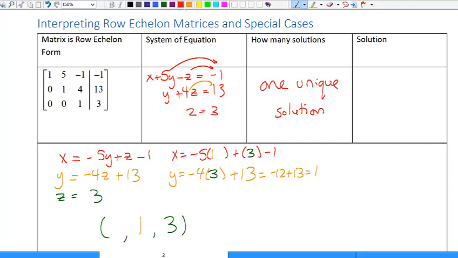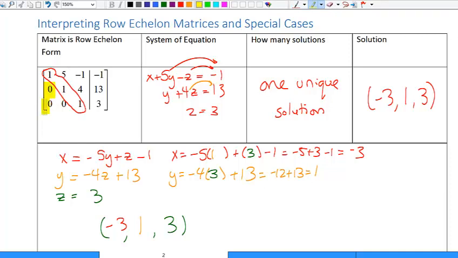So that gets me negative 5 times 1, which is negative 5, plus 3, which is negative 2, minus 1 is negative 3. So my one unique solution using back substitution is negative 3, 1, 3. So if I can get my equations to have ones down the diagonal and zeros below, then I can get one unique solution like we've done in the past lesson.